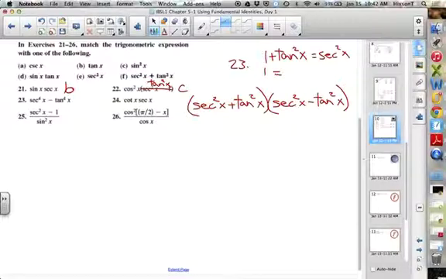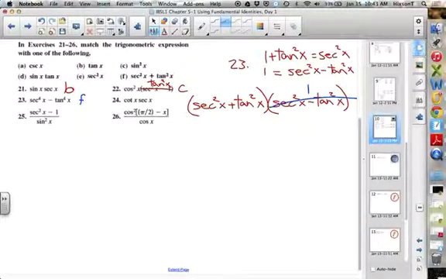So this is 1. So our answer for 23 would be F. If you really wanted to, you could use this again and just make it 1 plus 2 tangent squared. But you don't have to. It's not one of the choices.